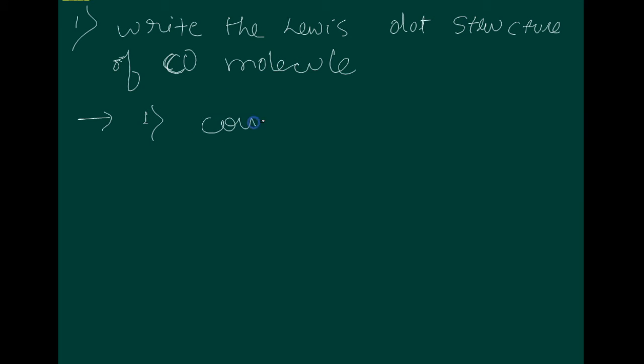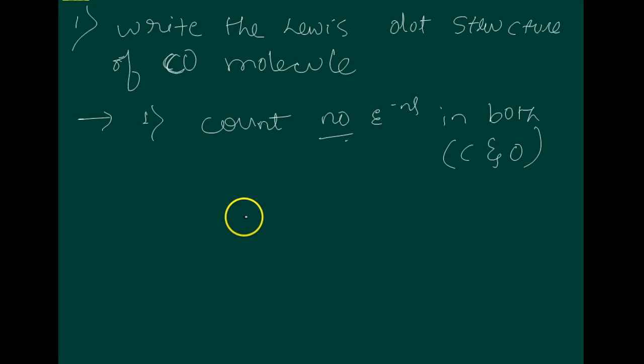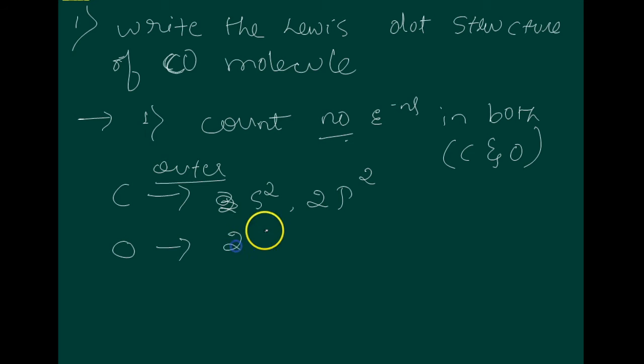The outer electronic configuration of carbon is 2s2 2p2, and for oxygen it is 2s2 2p4.